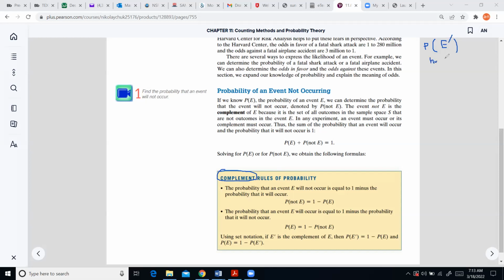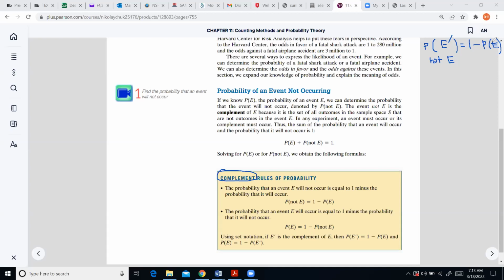So instead of writing not E, they put that prime. Well, I guess in mathematics, they like to have some kind of shortcuts. But I don't mind if you just say not E. And not E will give you probability of complement.